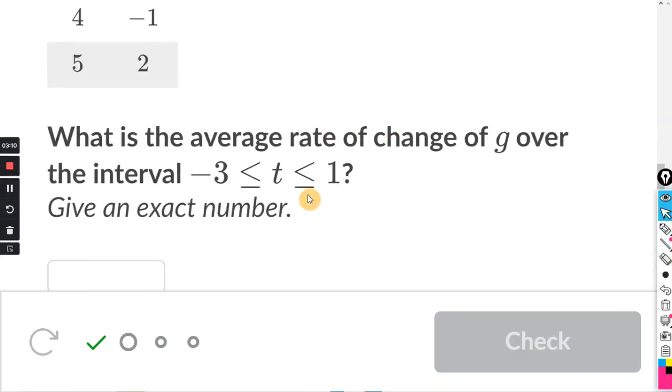Okay, and they want to know the average rate of change over this interval. Average rate of change is just the slope.